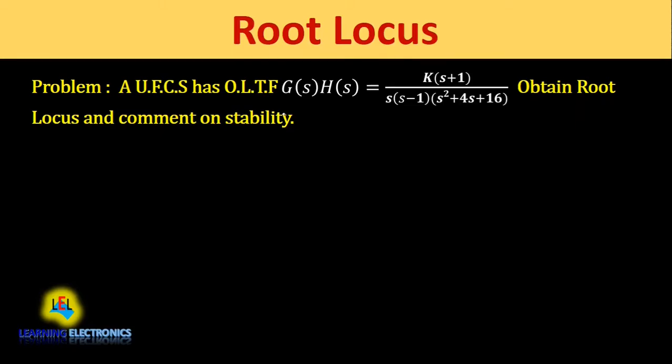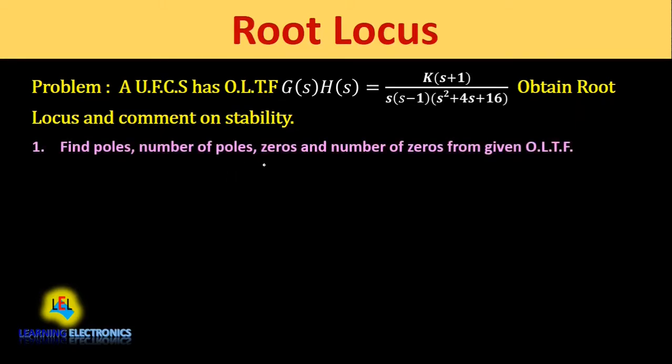So the first step is to find the poles, number of poles, zeros and number of zeros from the open loop transfer function given. From this open loop transfer function G(s)H(s), first we will find the open loop poles from the denominator. The first pole is at s equal to 0 because of this single s present.